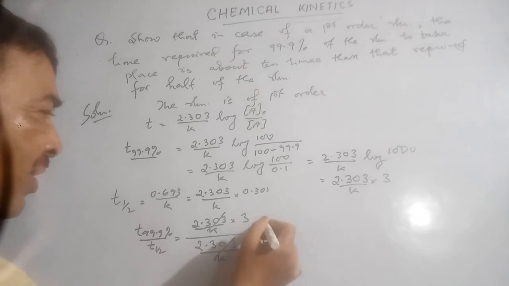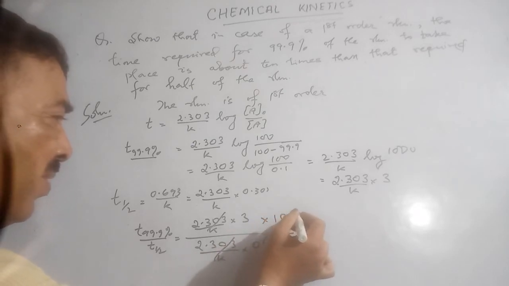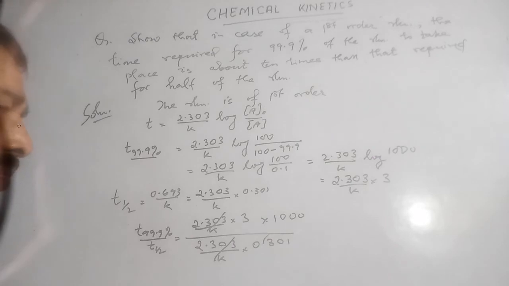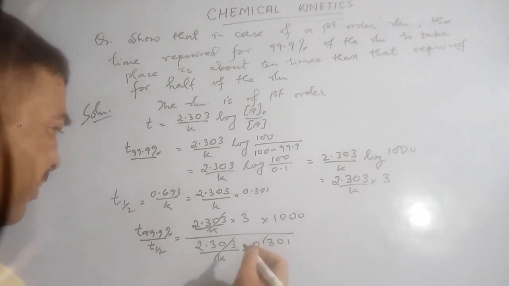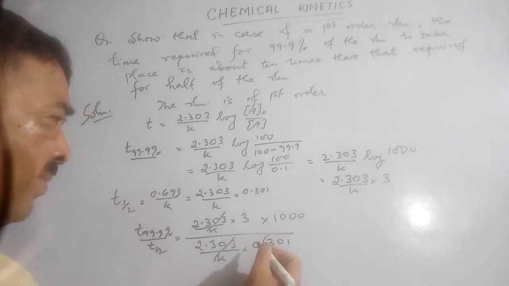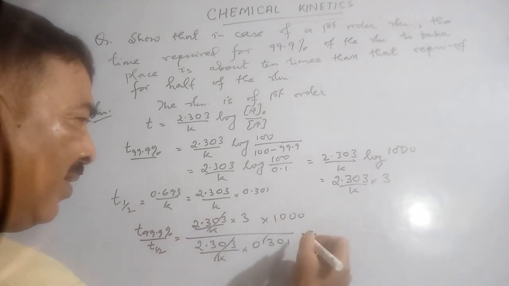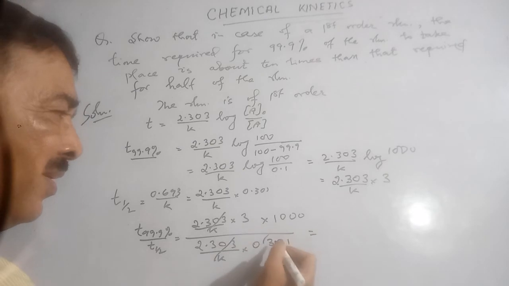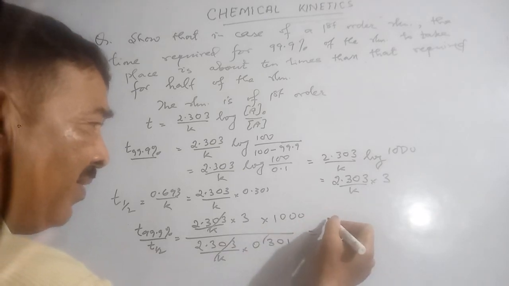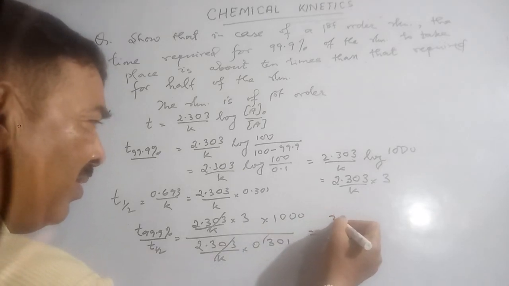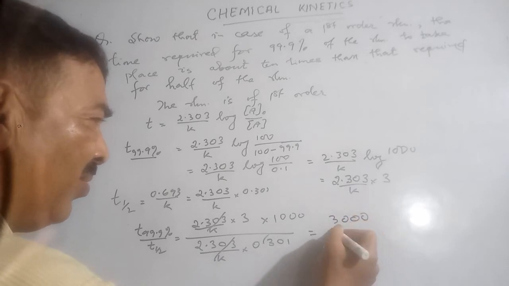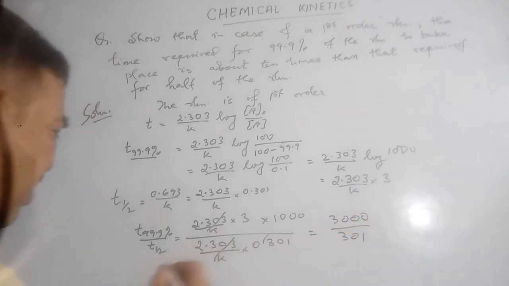So here it will be 3 into 1000 by 301, which is approximately 3000 by 301.